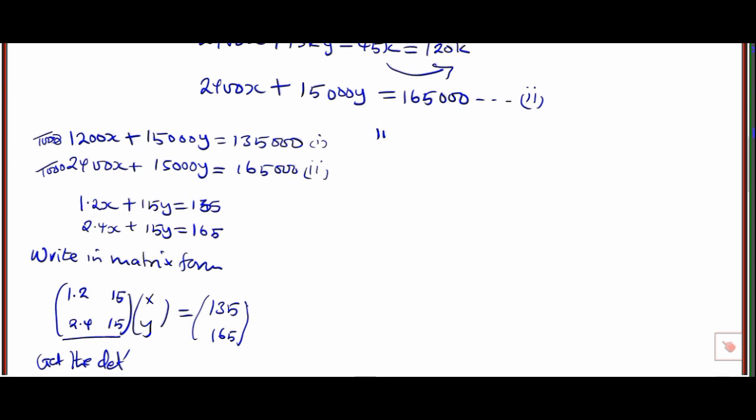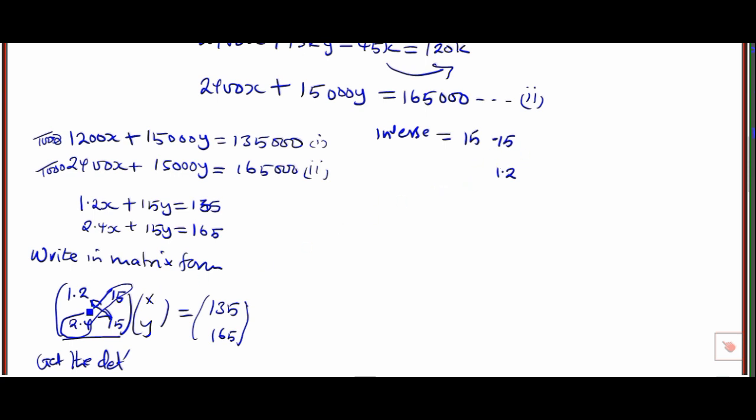Next, you get what is called the inverse. For the inverse, you interchange the values of the leading diagonal. So 15 comes here and 1.2 goes to the other side. The values of the other diagonal just stay where they are, but only the sign changes.